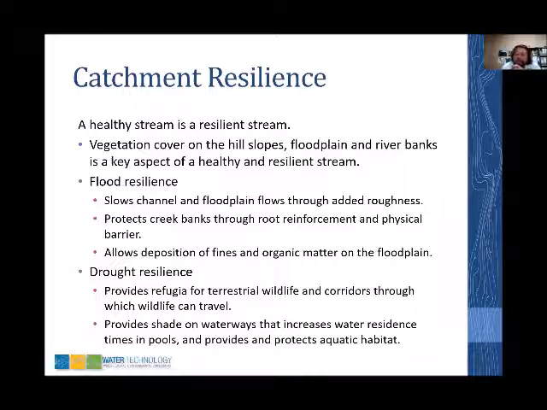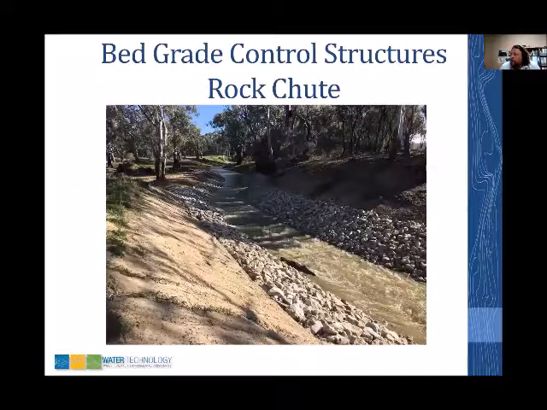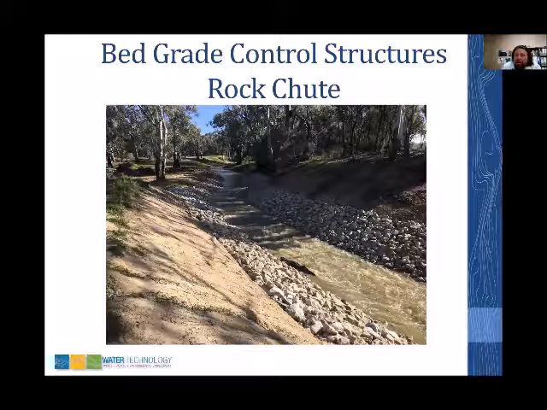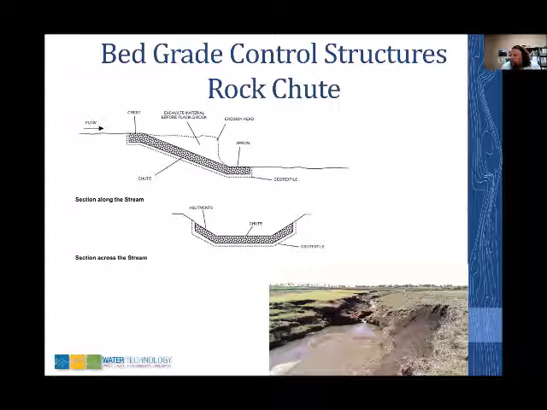And going back to those grade control structures, basically what are they and how do they work? And this is the answer to the question that we were asked earlier. Most often those structures are constructed in the form of what we call a rock chute. And rock chutes are effectively steep armoured sections of rock that are placed in there to either control one of those head cut features that we saw earlier on, or to reduce the longitudinal slope of a waterway.